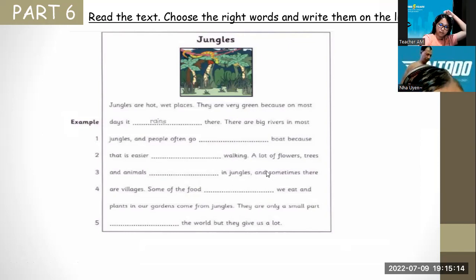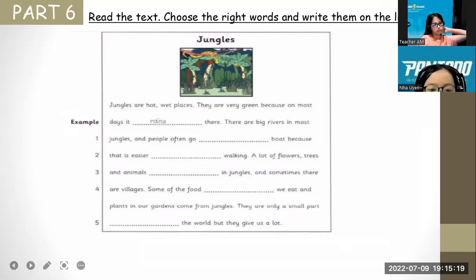Jungles are hot, wet places. They are very green because on most days it rains there.